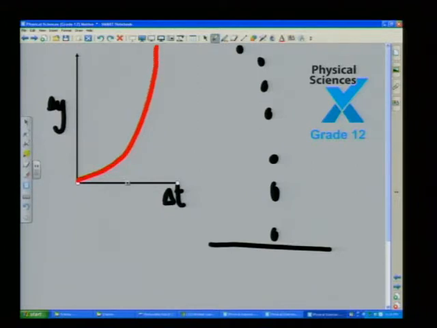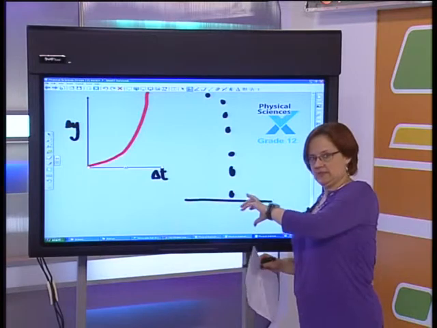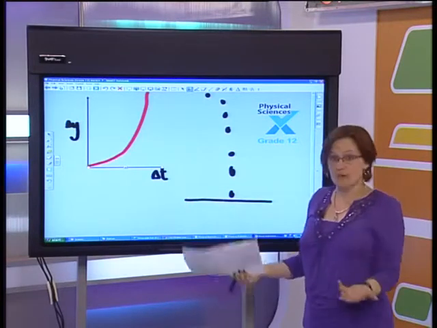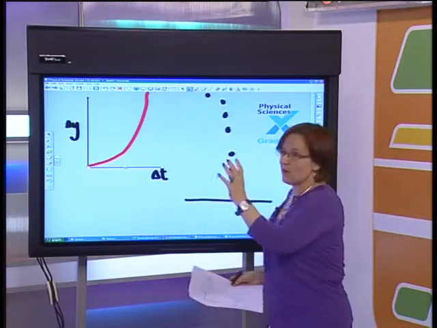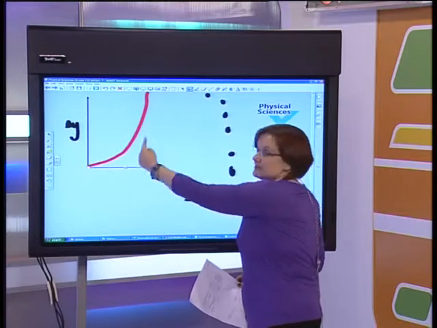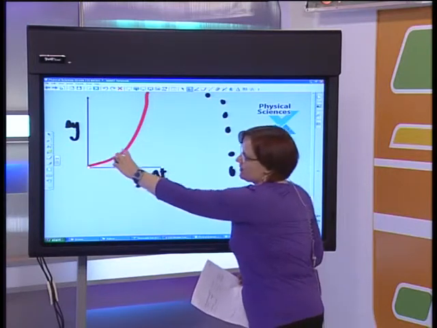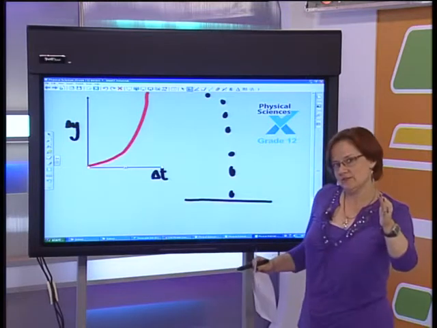Your graph will change shape depending on the circumstances and the information you're given. But what we're looking for is that when it's accelerating, getting faster, your graph gets steeper, and when it's slowing down, the gradient gets less and less and less.